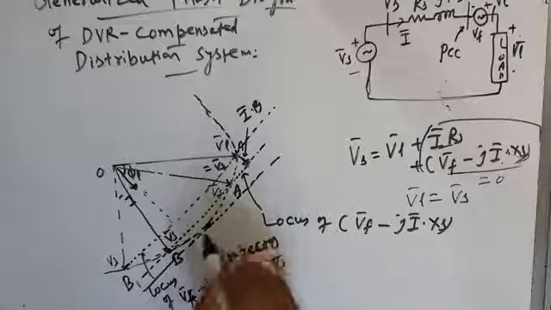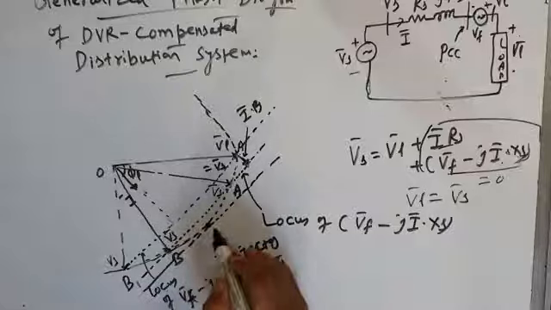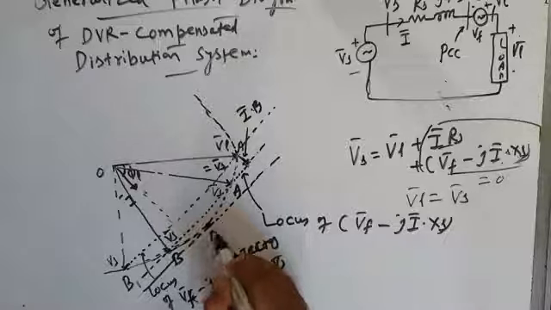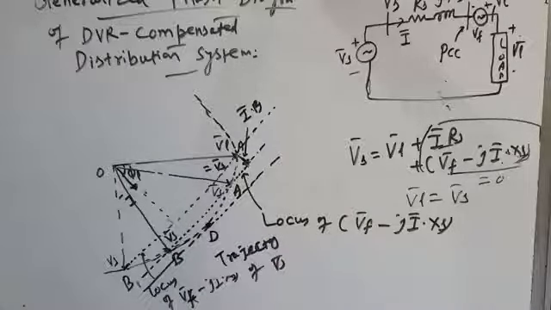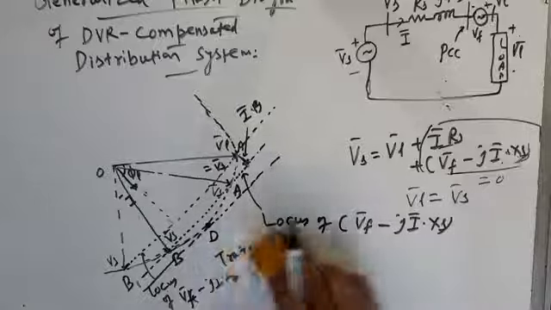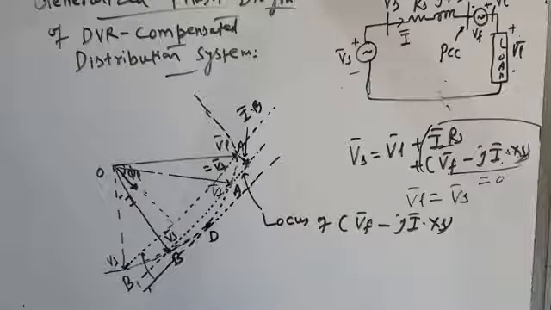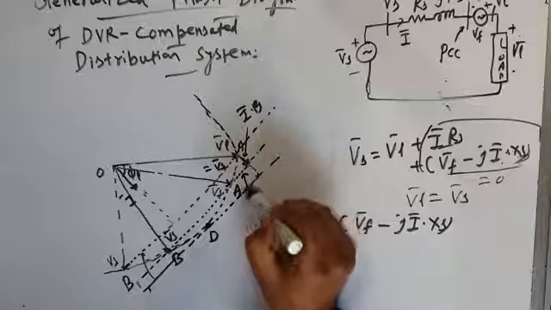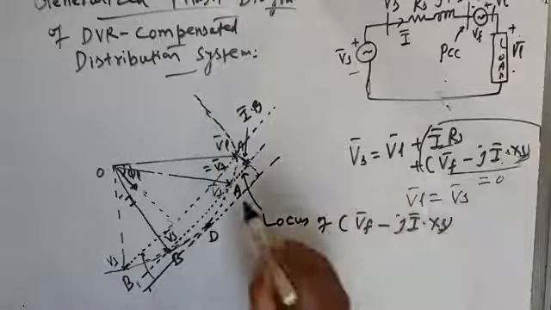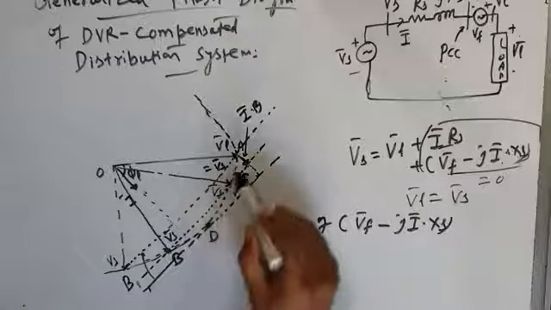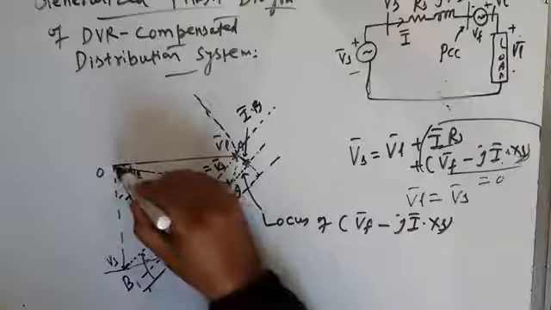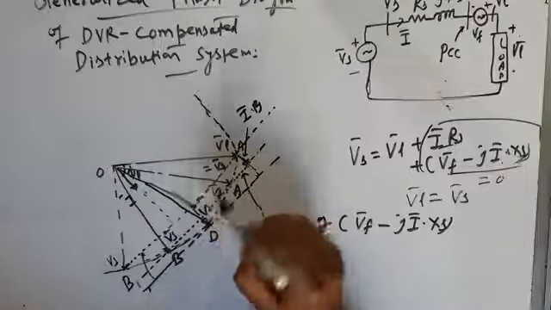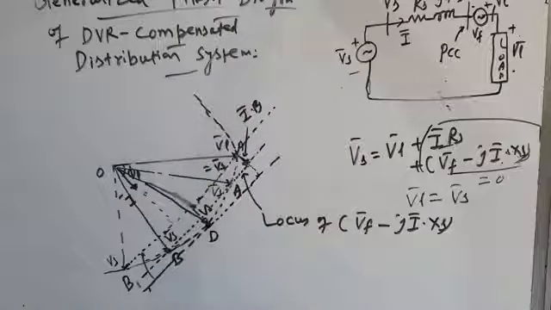Let us call this point D. This is point D. Okay. So in this case, this is your resistive voltage drop I into Rs, and this is the locus of Vf minus jI into Xs, and it touches the trajectory of Vs here. So in this case your source voltage will be this Vs. And again you can see source voltage is the same as load voltage.